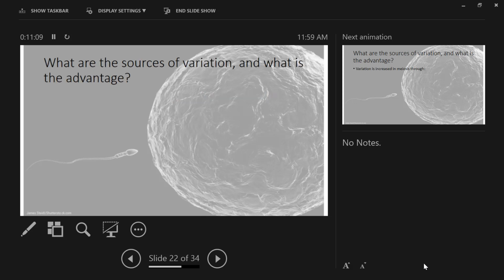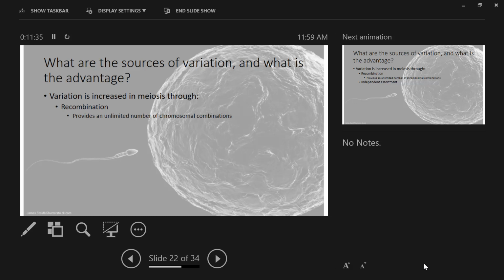All right. So we have two ways to increase variation in meiosis. The first one, which we talked about, is recombination. Basically this provides an unlimited combination of chromosomes.